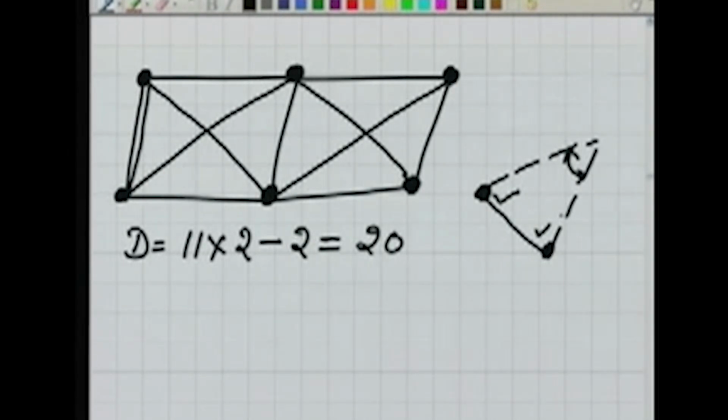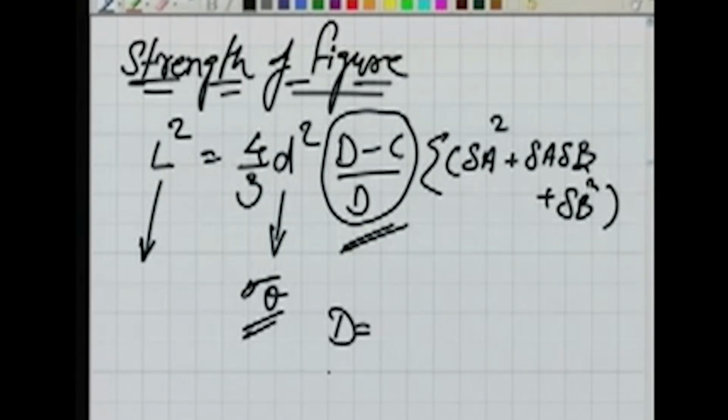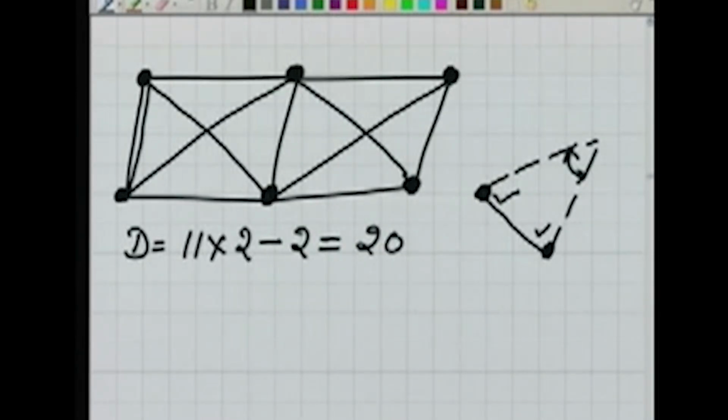Now the D in our formula, what does it stand for? D stands for the total number of directions which are observed in both forward and backward direction except along the known lines. Now what is the meaning of this? We have here only one length which is known.